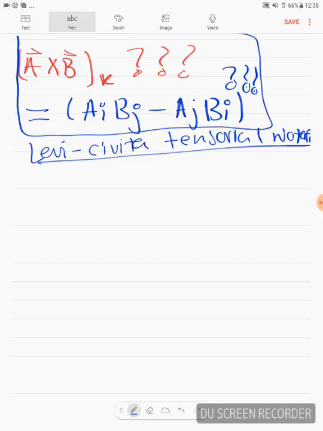There's a tensor notation that says the following. If I have a tensor a_ijk, what is this equal to?